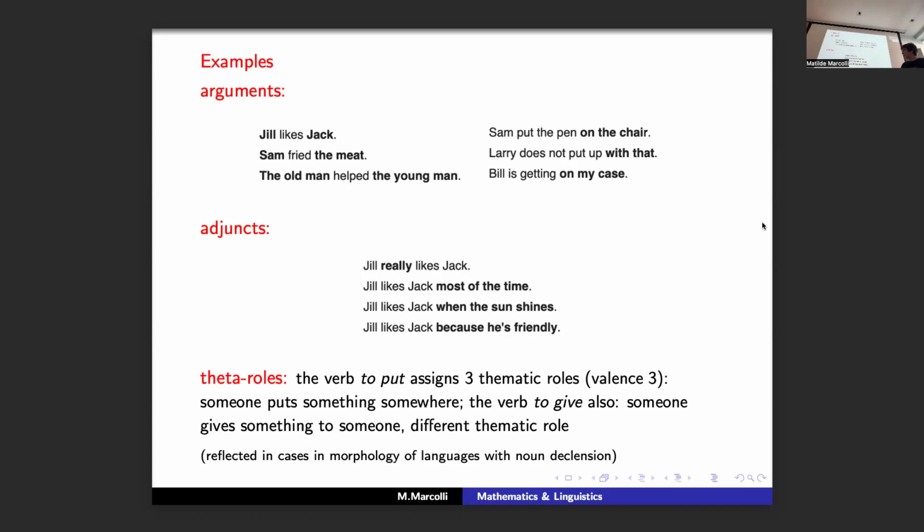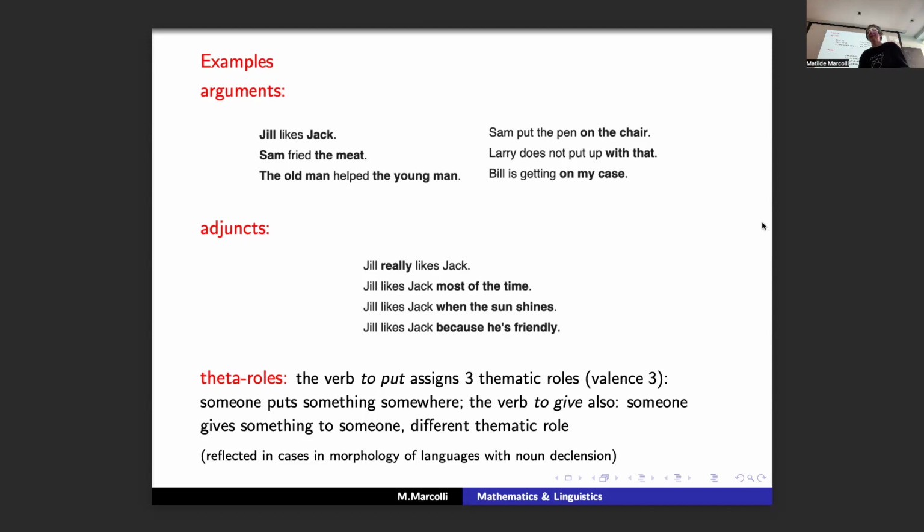Of course, depending on the amount of morphology that a language has, a lot of these thematic roles are absorbed into the morphology of the language by indicating, through different cases, different declension modification of nouns, which role is being played by that word.